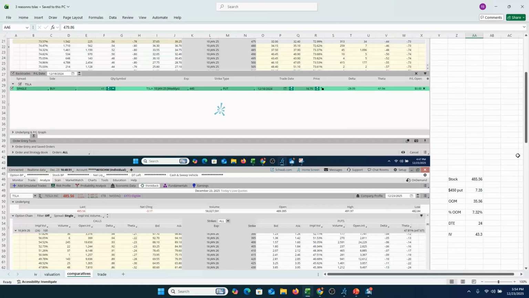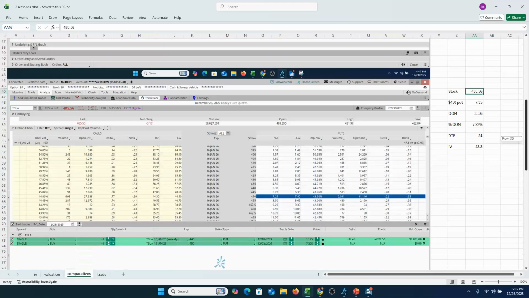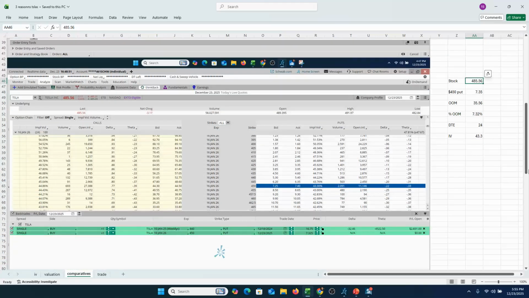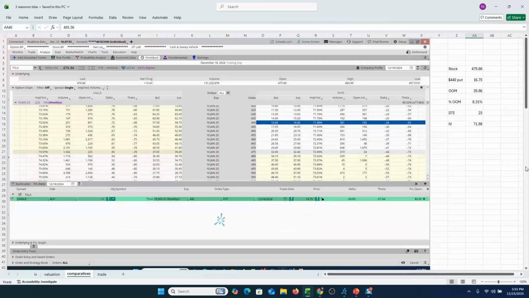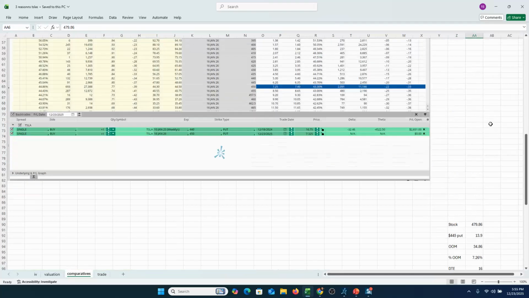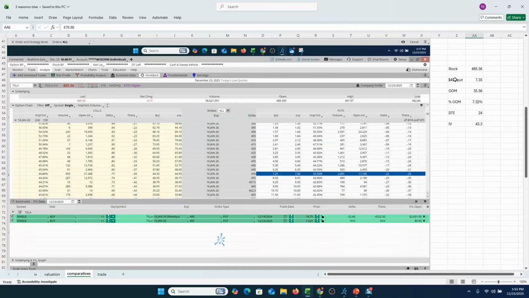Compare that to today's close. The stock closed at 485.56, about 5 points higher. The 450 put is 10 points less out of the money. So I'm comparing the 440 back then with the stock at roughly 480 to the 450 put now with the stock at roughly 485.